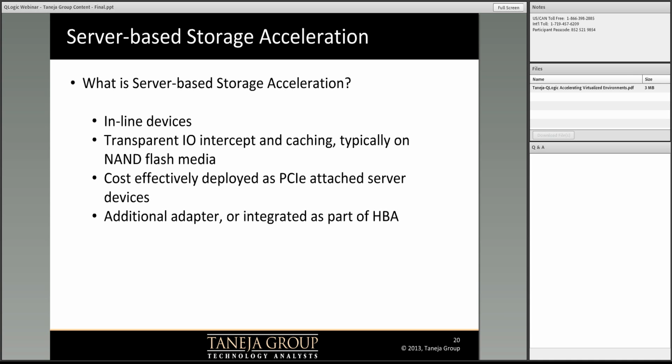A server-side caching adapter or storage accelerator relies on a local device in the server, typically a PCIe NAND flash device. It uses this device not to permanently store data, but to interact in the I.O. path to intercept and cache data on this local NAND flash media.